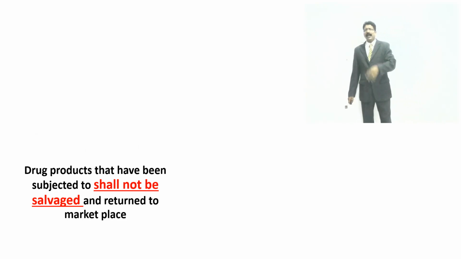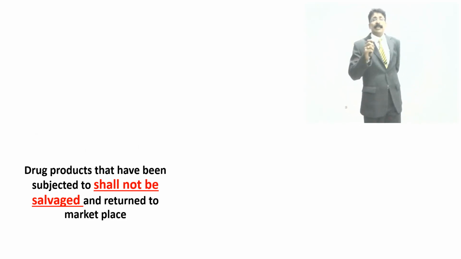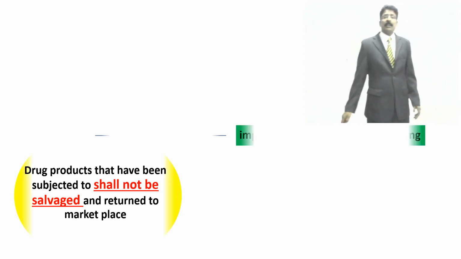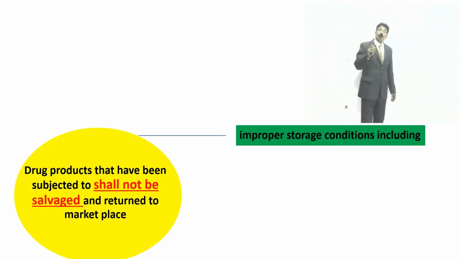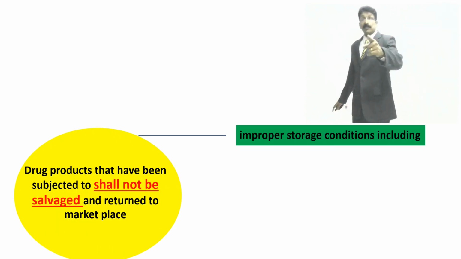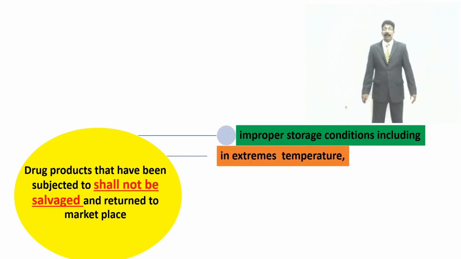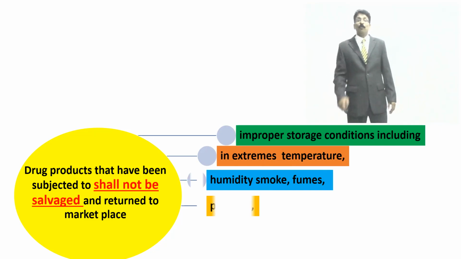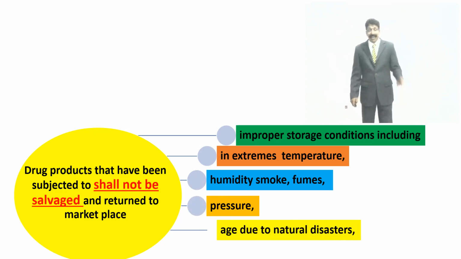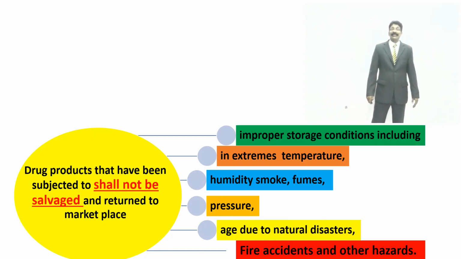I just made this into two points. First, drug products that have been subjected to improper conditions shall not be salvaged and returned to the marketplace. No reprocessing can be done if the product is returned due to improper storage conditions, including extreme temperature, humidity, smoke, fumes, pressure, age, natural disaster, fire, accident and other hazards.